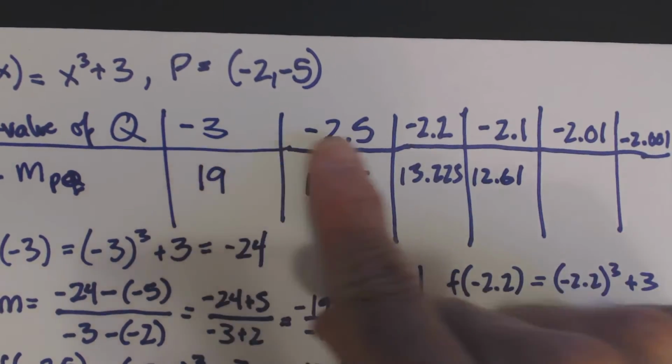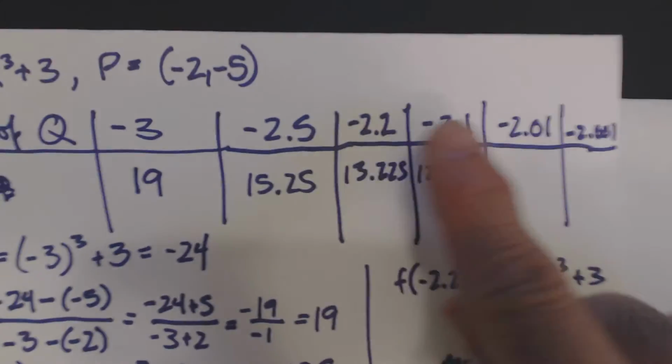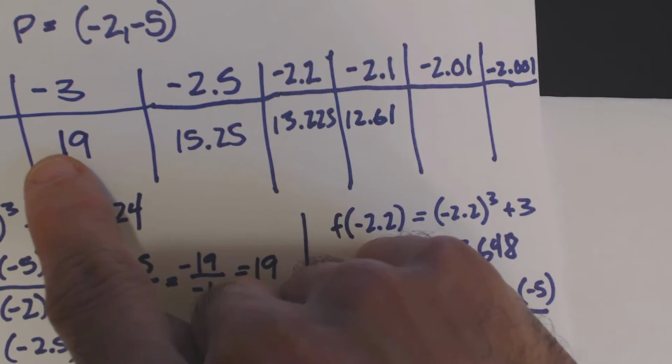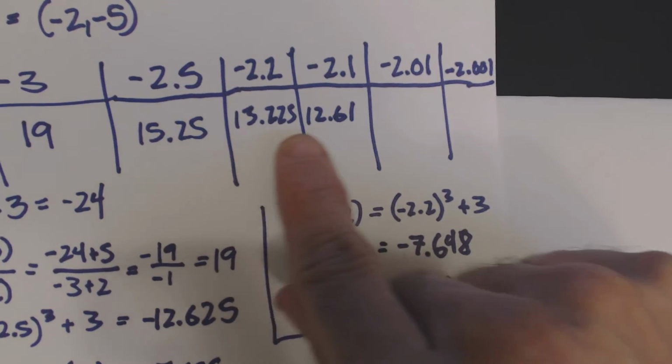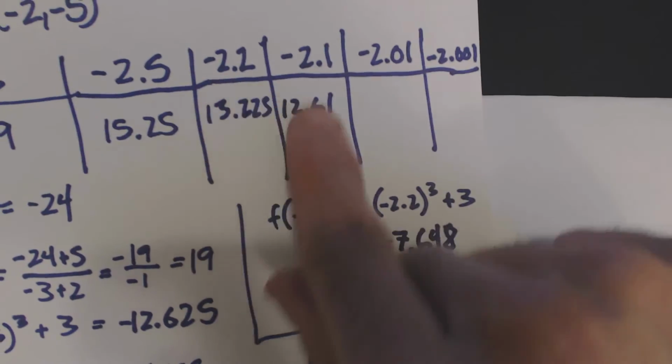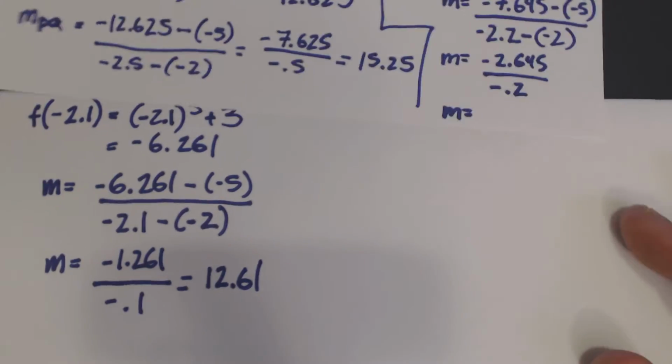So you see, as we're approaching the value negative 2, our P point, the slope of the line is getting smaller and smaller, and it seems to be converging on a number roughly around 12.